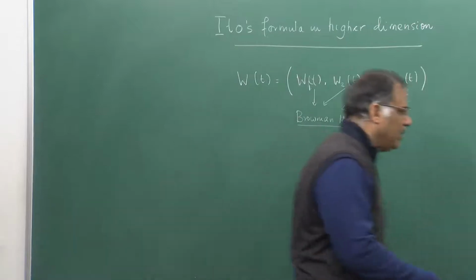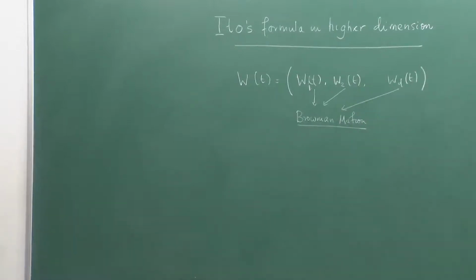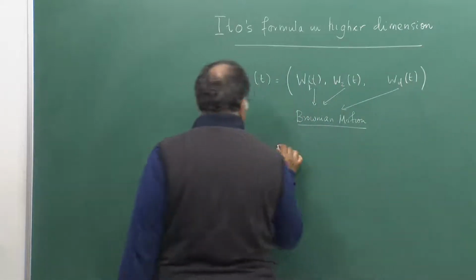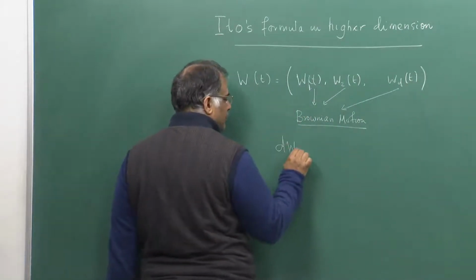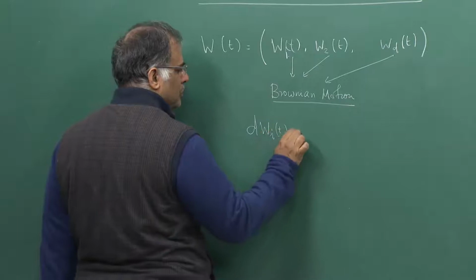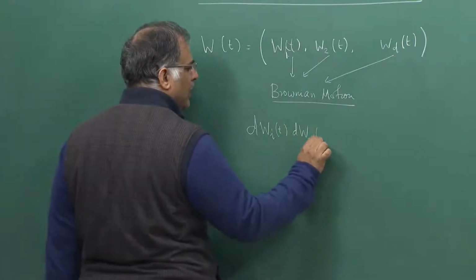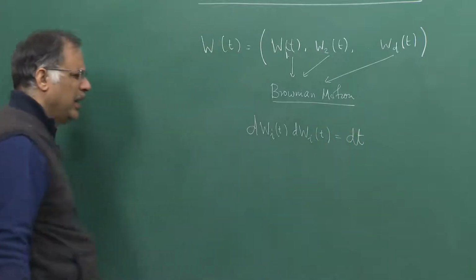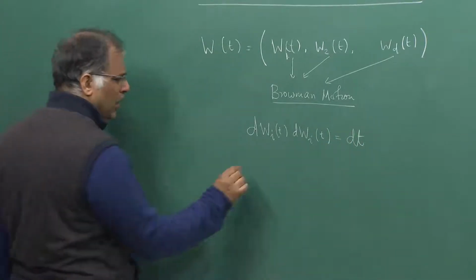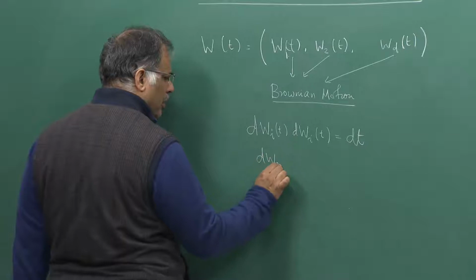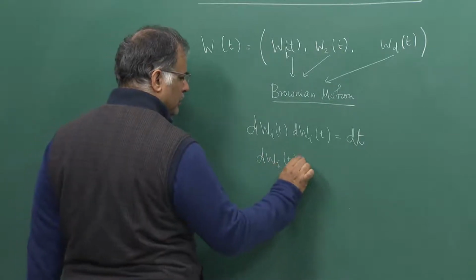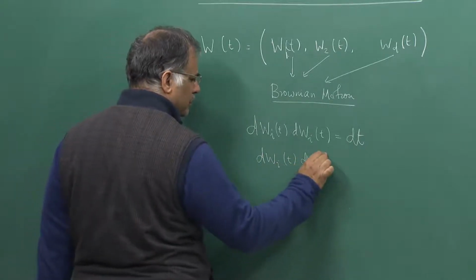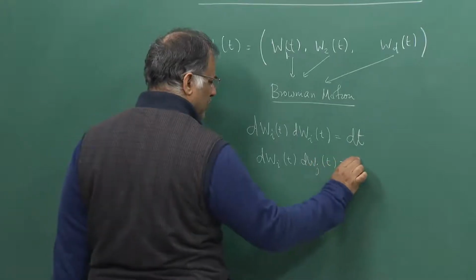One important thing that you have to understand about the components is the following: if you are talking about a component i and taking its quadratic variation, then this is just dt, and if you are talking about a cross variation of i and j, then it is 0.